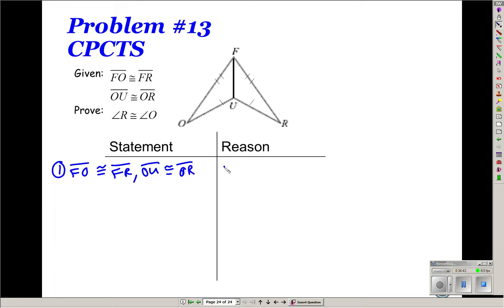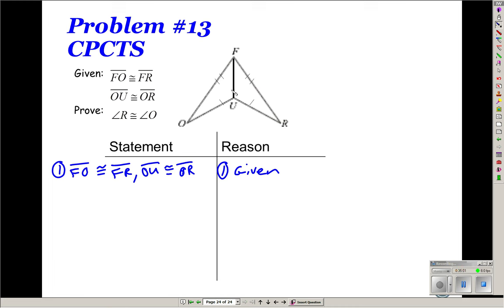And as always, we know that's true because they gave it to us. And notice they're proving parts congruent, not triangles. So we still have to show the triangles are congruent first, then take it one step further.